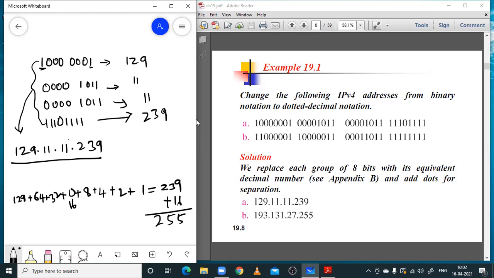So 255 is the number which is written here. So this is the last one. Here you have 27. Here you have 131. This is 128 plus 1 plus 2 plus 3. 128 plus 3 is 131. This is 128 plus 64, 192 plus 1, 193.